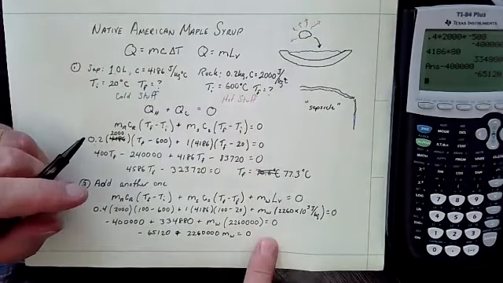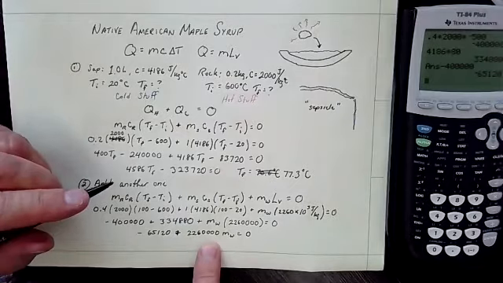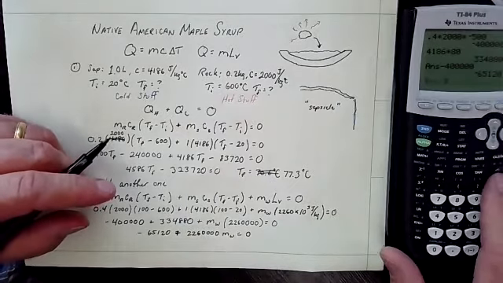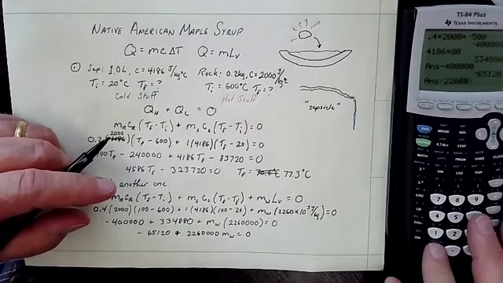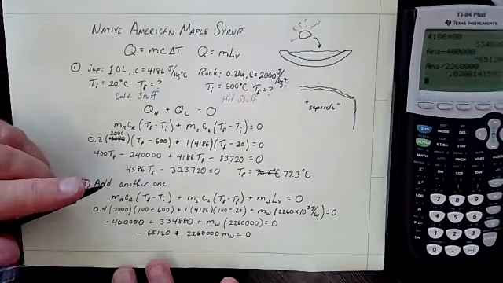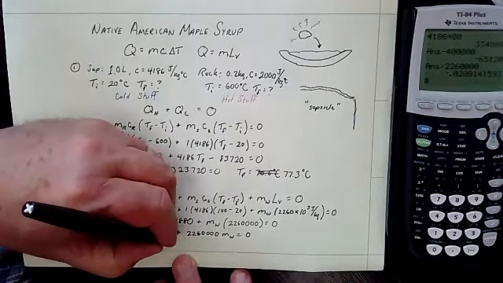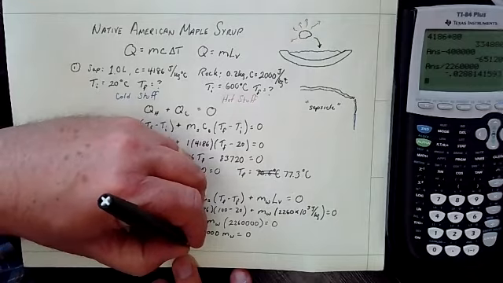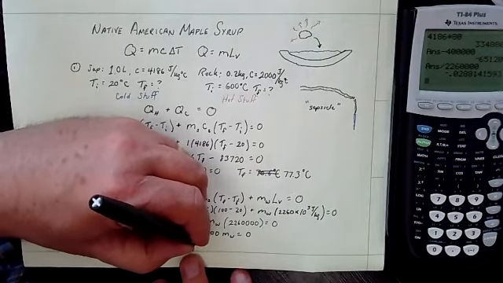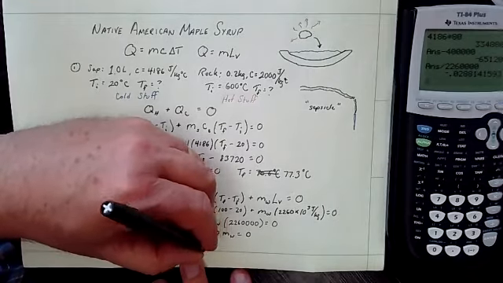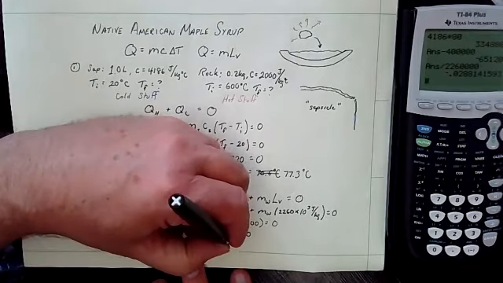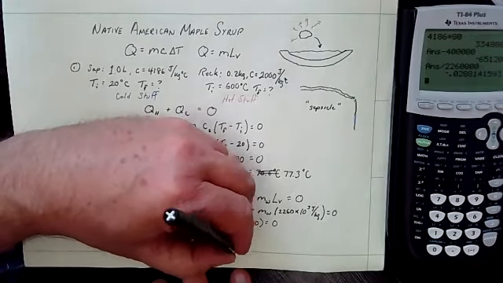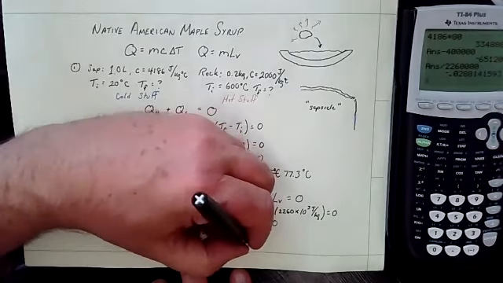And so we add this to both sides and then divide. And so M is equal to 0.02, and I'll round it off, 29, and that's kilograms. So 29 grams evaporates.